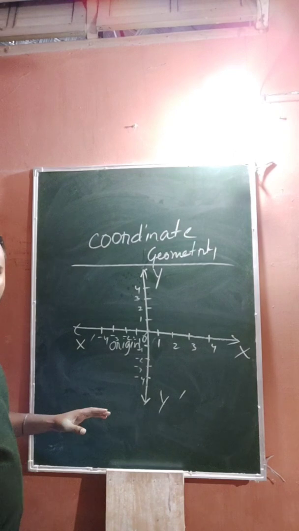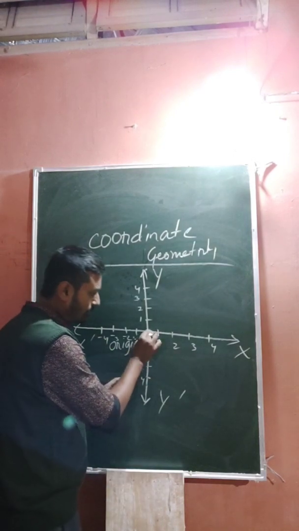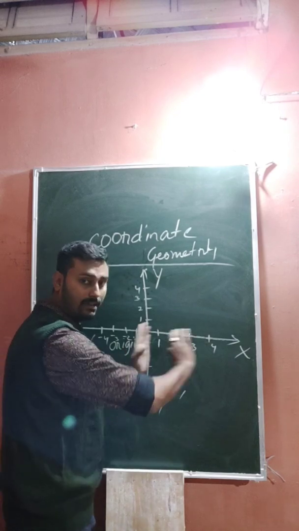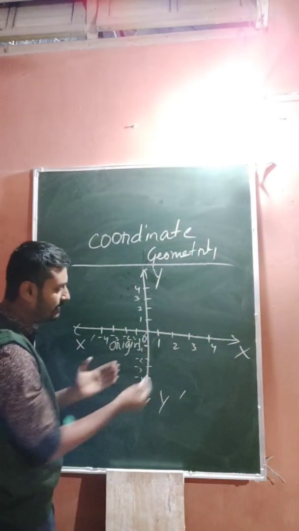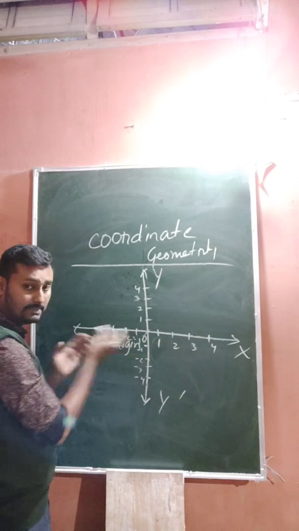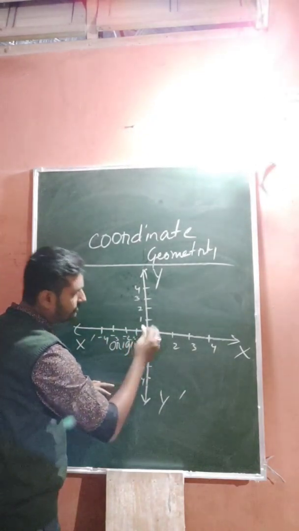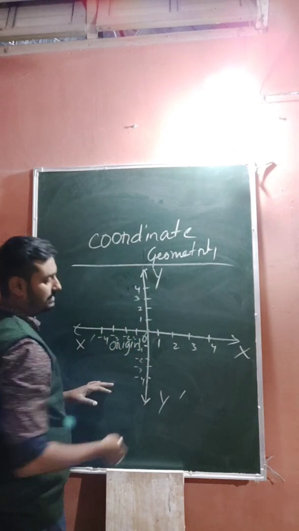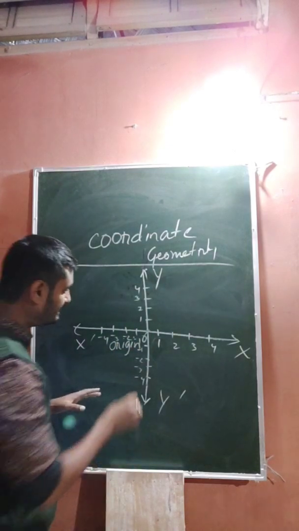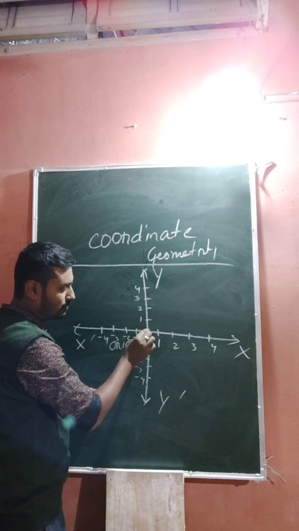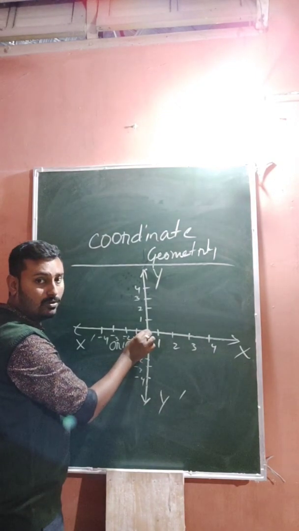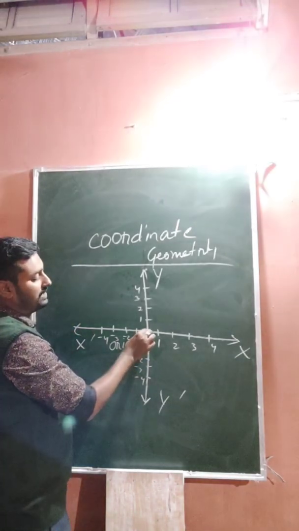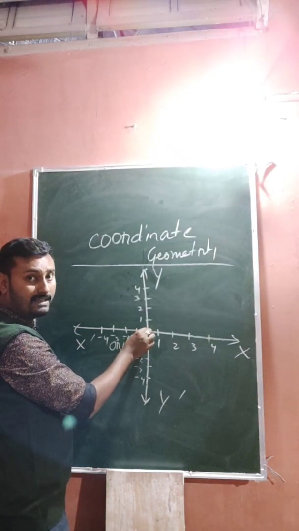That means from this point x is positive 1, 2, 3, 4 on the right side, and -1, -2, -3 on the left side. And from this point y is 1, 2, 3 positive on the upper side and negative on the lower side. That means the value of both x and y at this particular point, origin O, is 0.